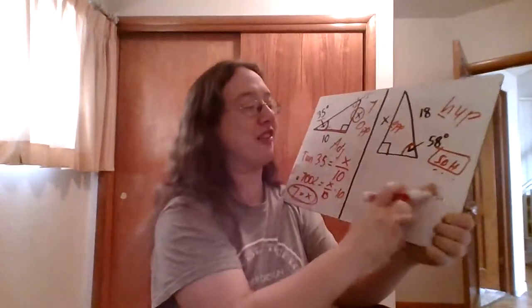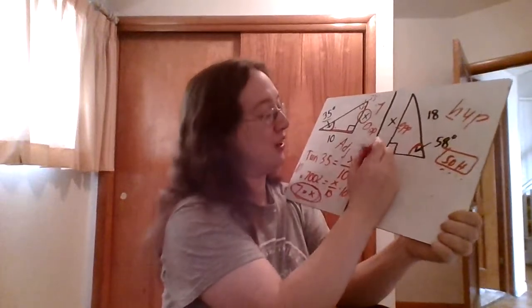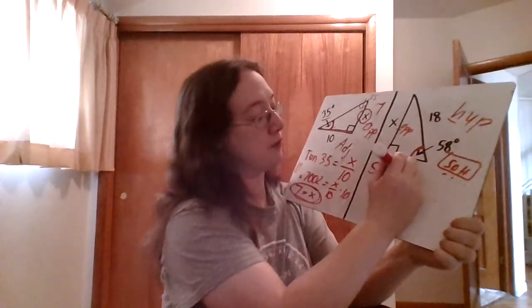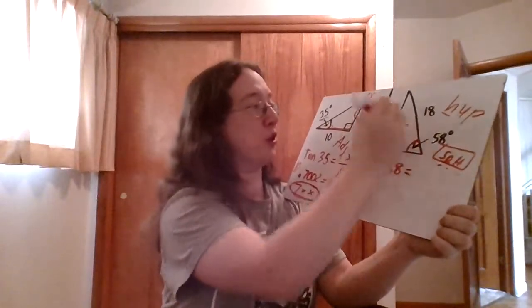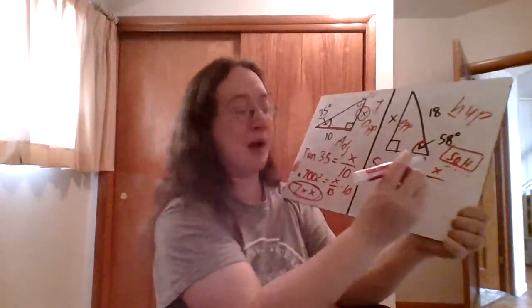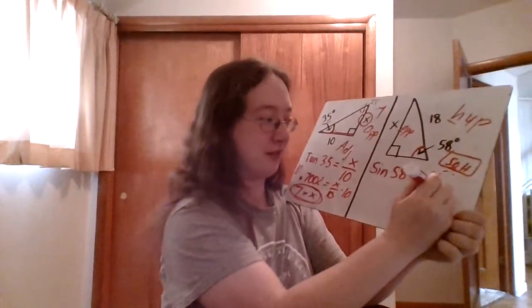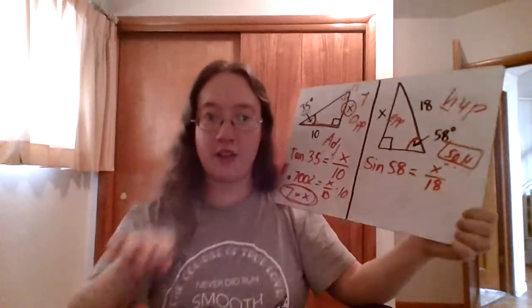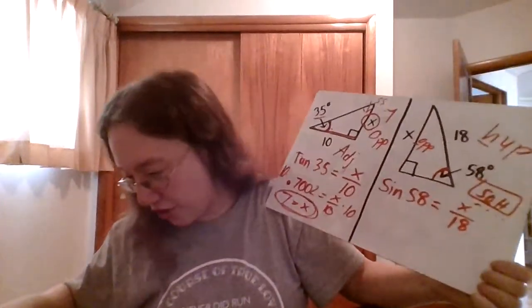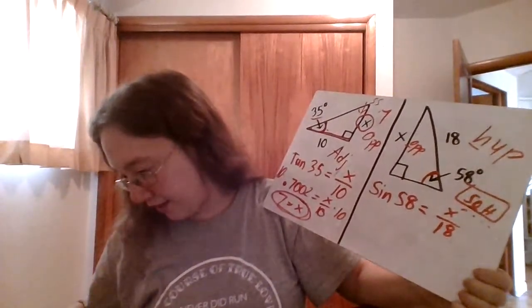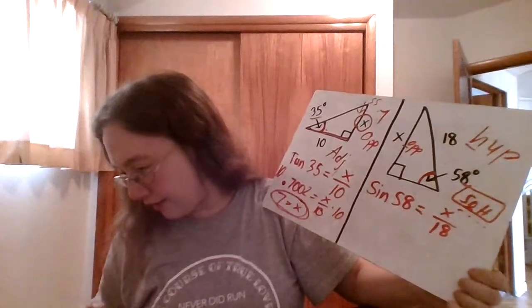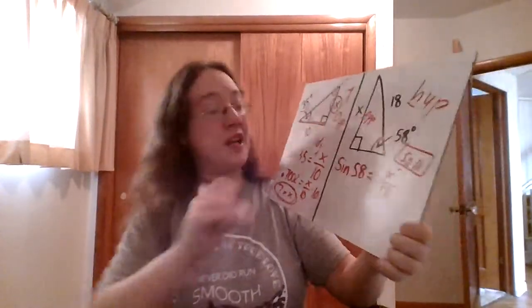So this time we're looking at our sine. So our sine of 58 is our opposite side, which we're looking for, over hypotenuse, which is 18. And this is where you're going to want to grab your calculator, hit your sine button, and punch in 58. Which gives you 0.848.